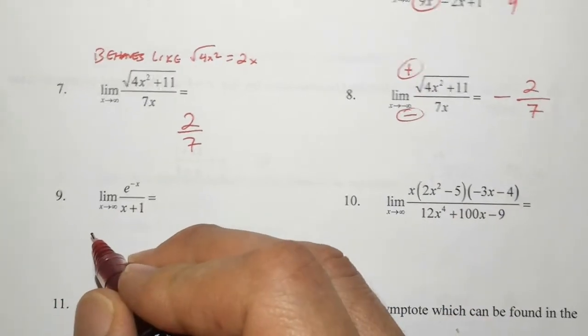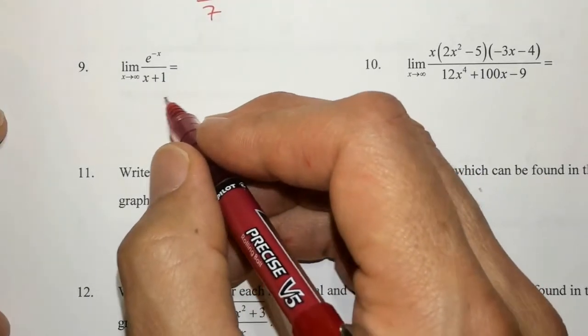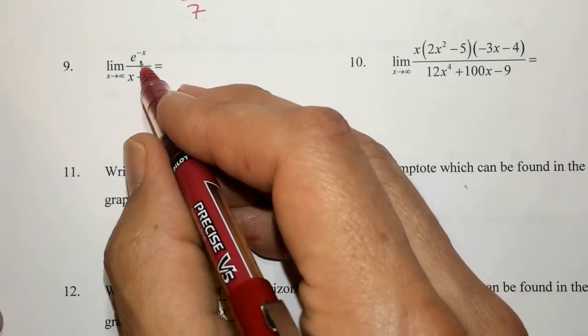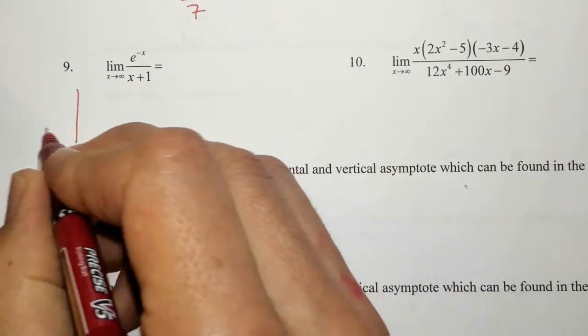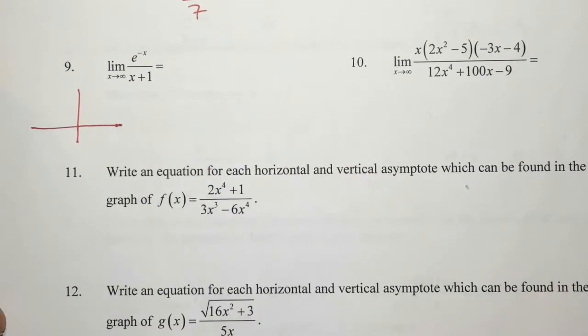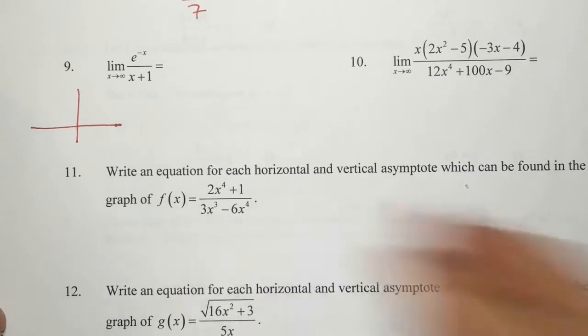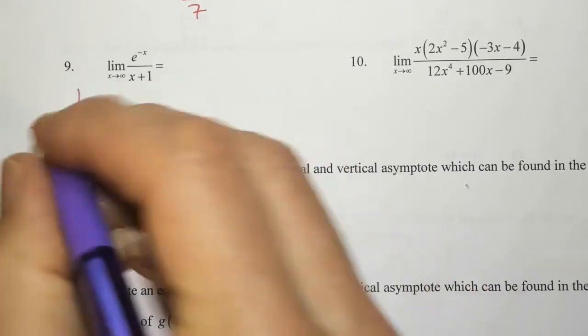For number 9, we're interested in this expression that has e to the opposite of x in the numerator as x approaches infinity. Well, let's recall our graph of e to the x. It does this.